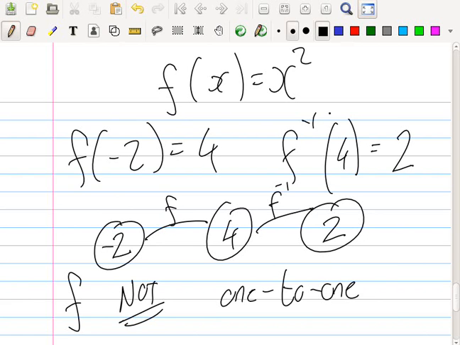So this is an example of how not being one-to-one is a problem. If something is not one-to-one, what do we call it? In this case, it's many-to-one. So you can only find the inverse if it is one-to-one. And if it's many-to-one, it has no inverse. So I'll write that down as a rule.